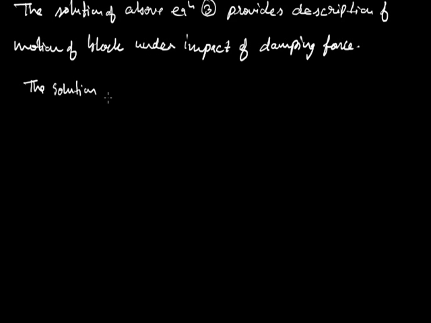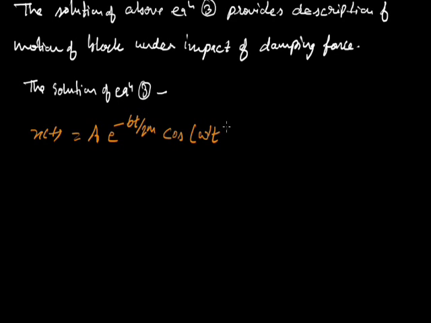So the solution of equation 3 we achieve here as x(t) equals A e to the power minus bt/2m cos(ω't plus φ).